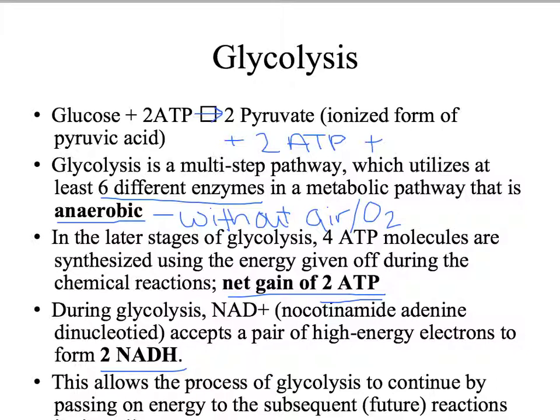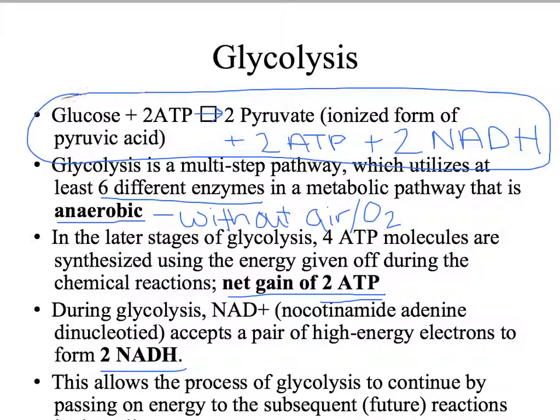We have an electron carrier, NAD plus, which is going to accept these high energy electrons to form 2 NADH. And we need these because it allows the process of glycolysis to continue. So I'm going to add the 2 NADH here. This is your big picture for what's going into glycolysis and what you're going to end up getting.